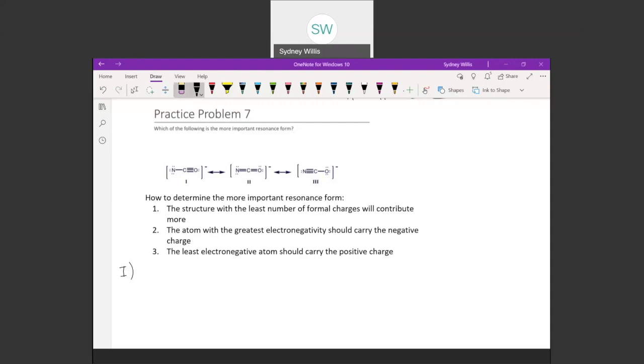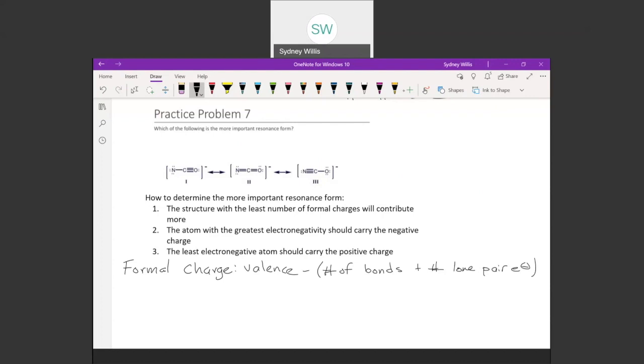So actually, before we do that, remember that to determine your formal charge, that will be equal to the number of valence electrons, and you get that from looking at your periodic table, minus the number of bonds plus the number of lone pair electrons.